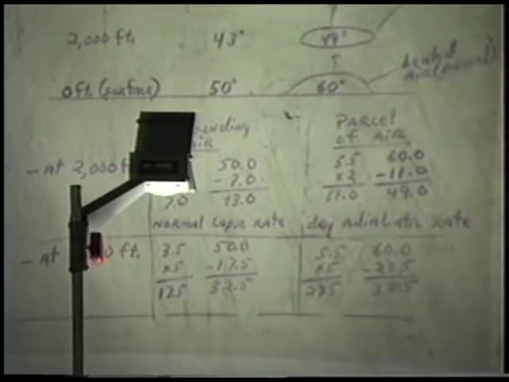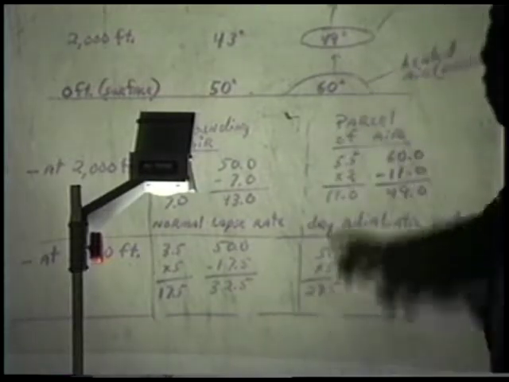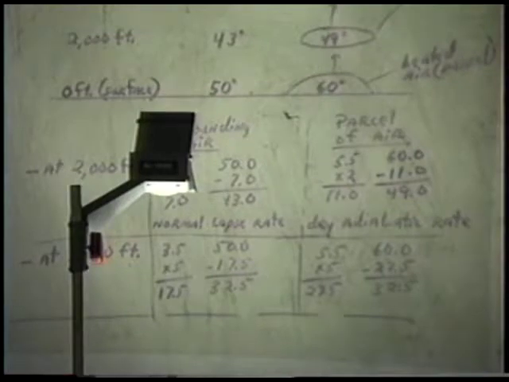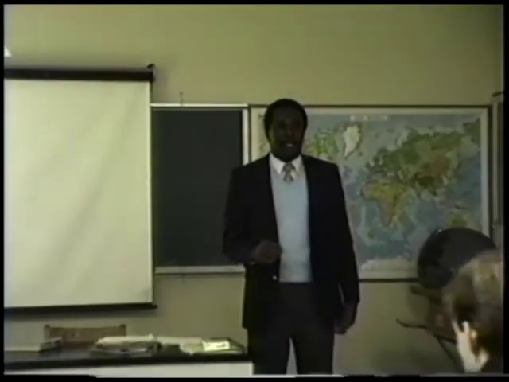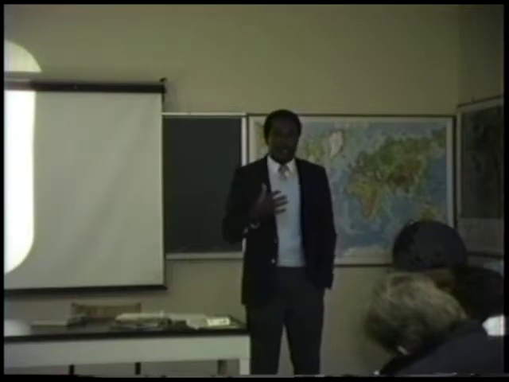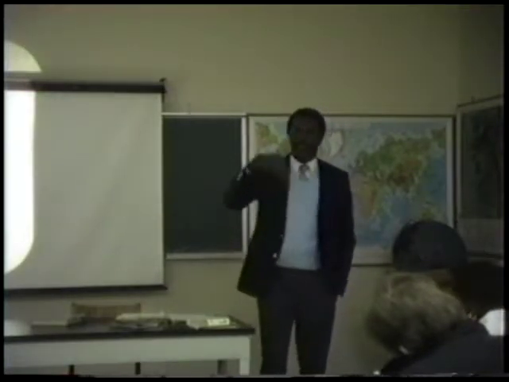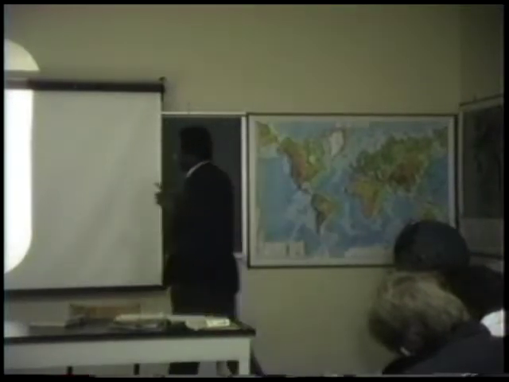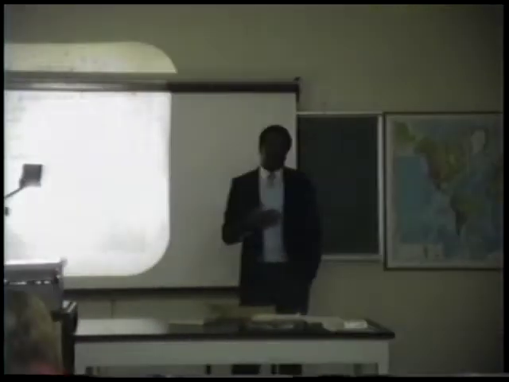First of all, if you consider the surrounding air, you need to keep in mind, again, that we're not dealing with rising air, we're dealing with stable air. What we want to find out is simply the temperature of the air at certain elevations. And the way in which we get this is to use the normal lapse rate.